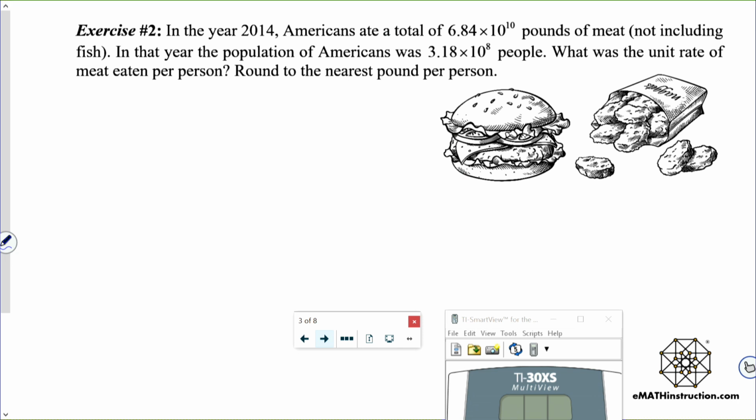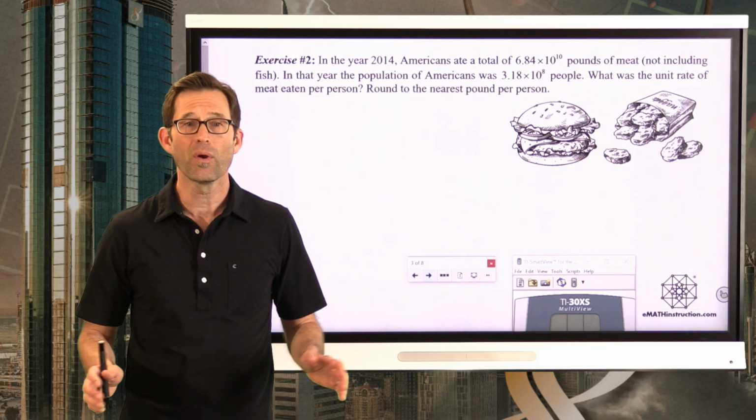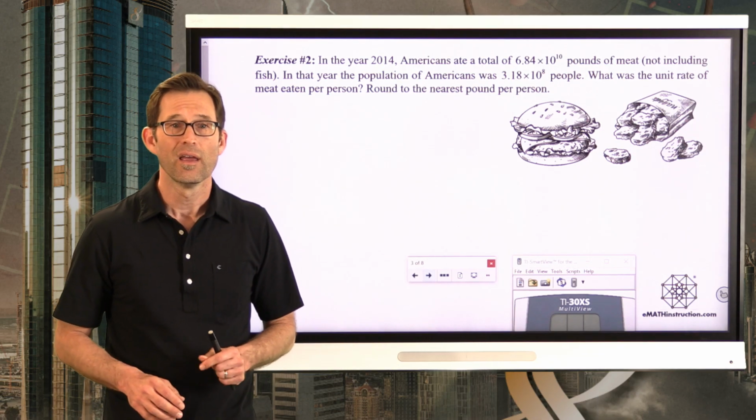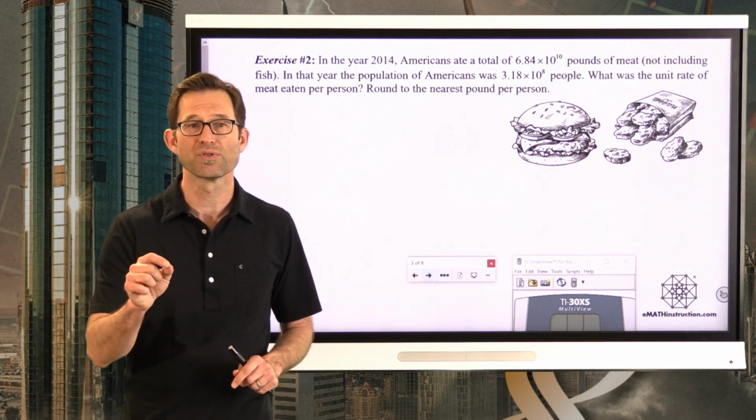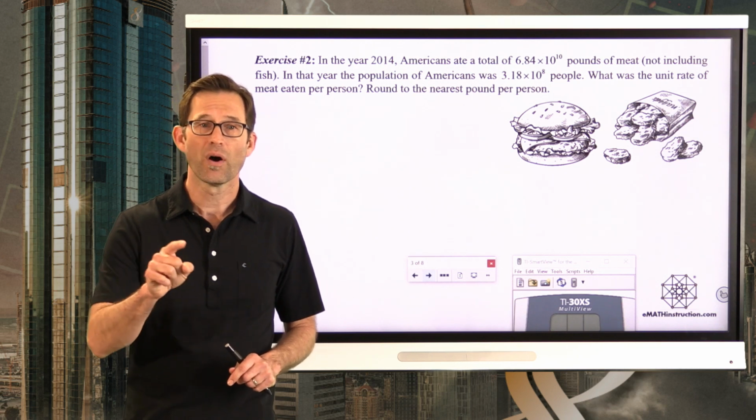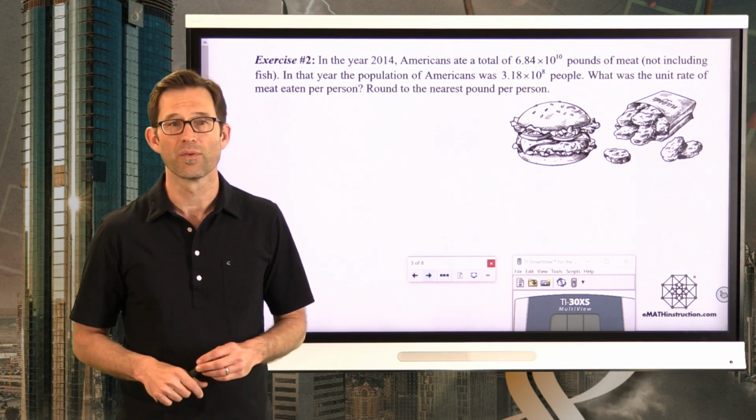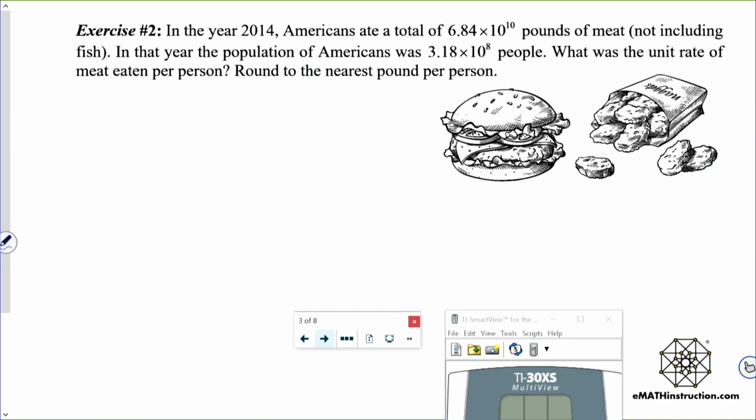What was the unit rate of meat eaten per person, rounded to the nearest pound per person? In other words, in 2014, if everybody ate the same amount of meat, how many pounds per person would they have eaten? Pause the video now and see if you can figure this out.